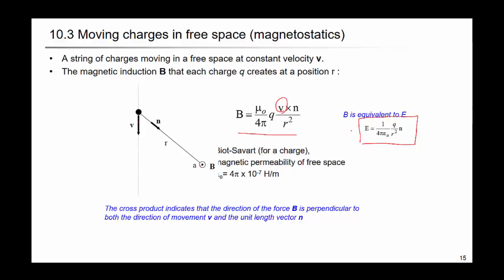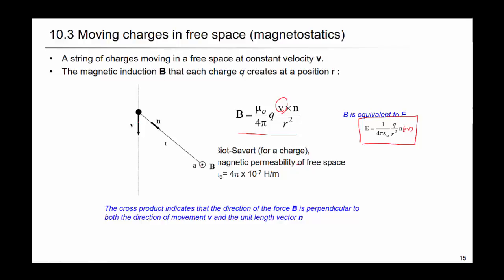The added component is the velocity vector, right? And here the mu naught is the magnetic permeability of free space, and mu naught is 4 pi times 10 to the negative 7 henry per meter.